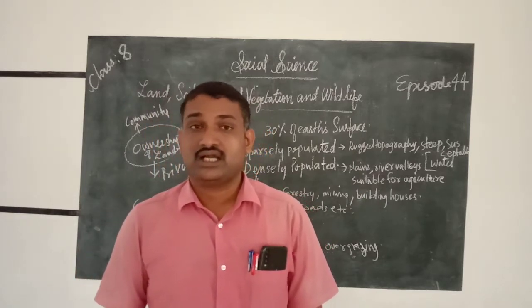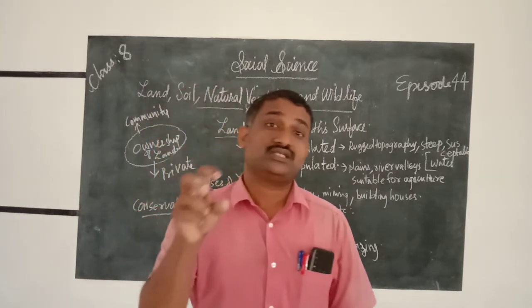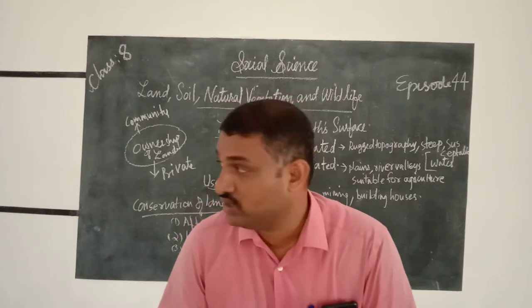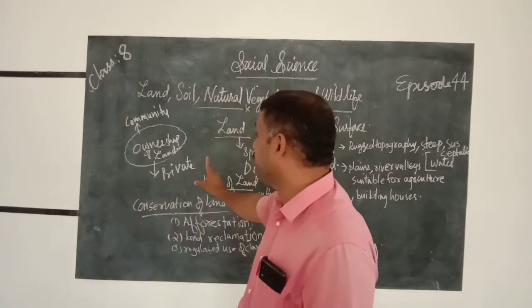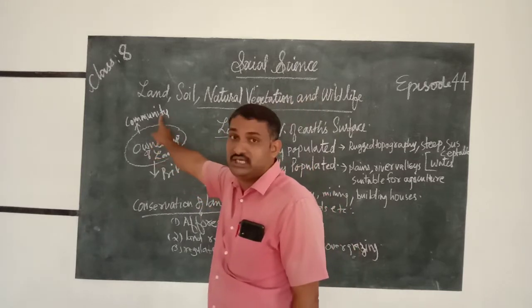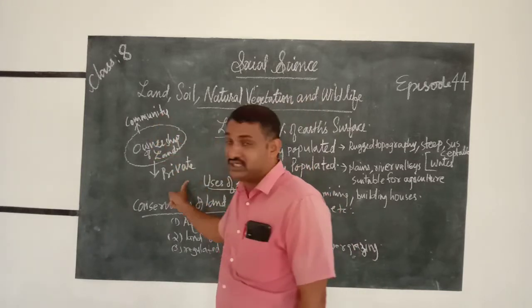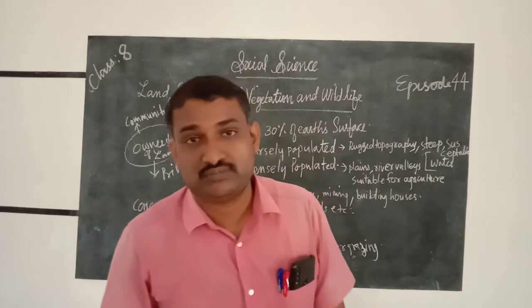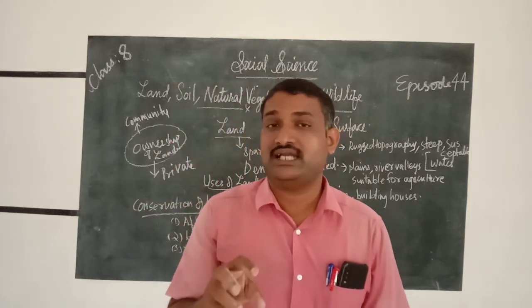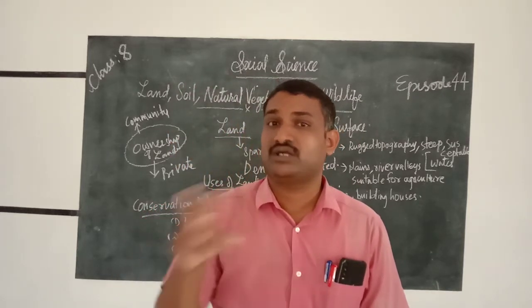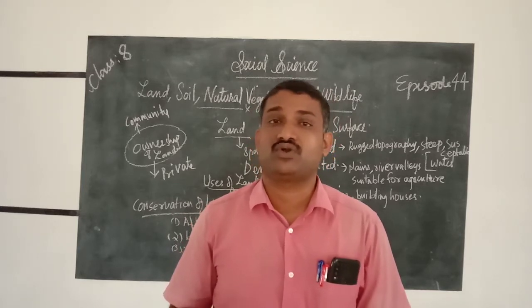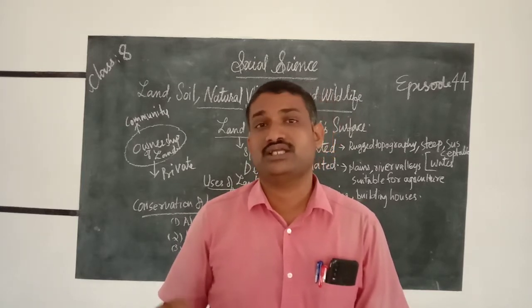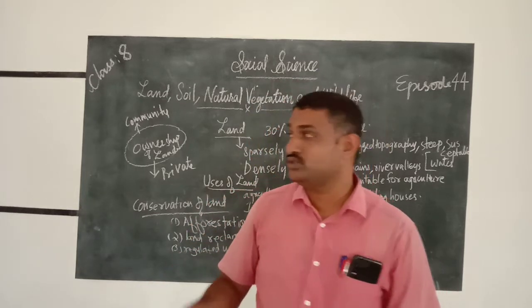Next is community land. On the basis of the ownership of the land, we can divide land into community land and private land. What is community land and what is private land? Community land is for common use, such as parks and other areas. Private land is used for our own, individual use.